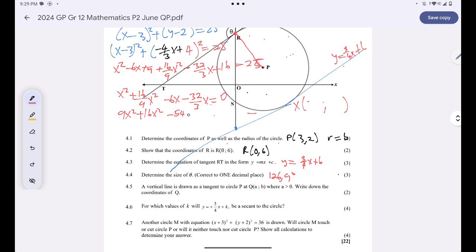Then 32 times 3 is 96, right? So this is 25x squared minus, there's x there, 54 plus 96.